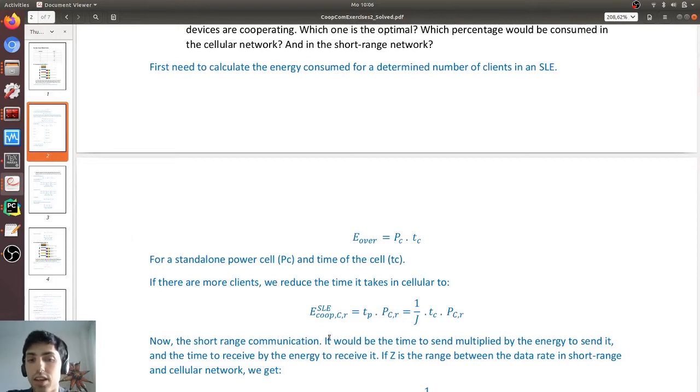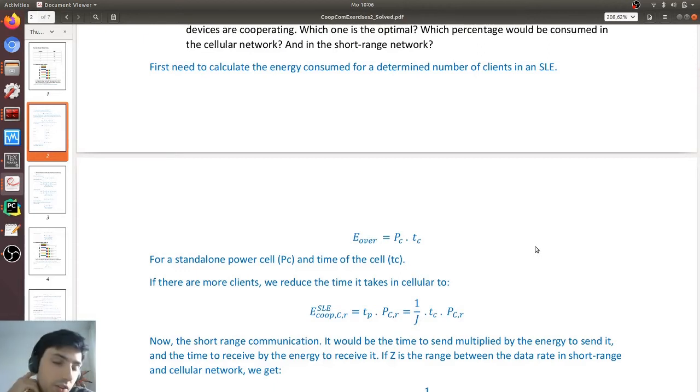So what is the energy in the cooperation? We have the time it takes in the cellular only, and then also the power to receive from the cellular. The time it takes in the cellular, if we have, for example, 4 clients, where J is the number of clients, the number of servers that we will have.